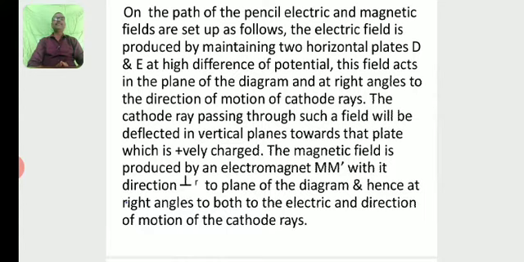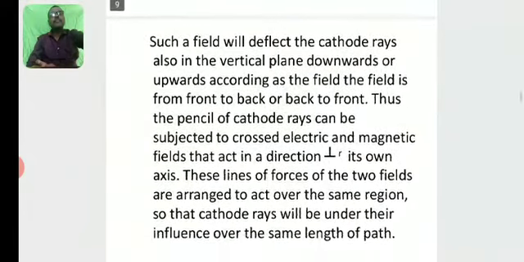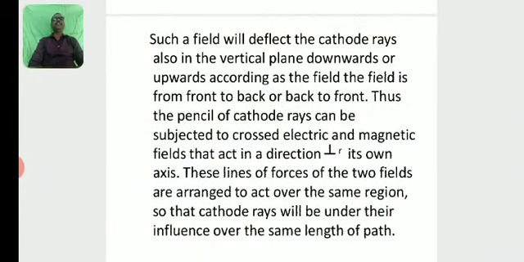The magnetic field is produced by an electromagnet MM' with a direction perpendicular to the plane of the diagram, and hence at right angles to both the electric field and the direction of motion of the cathode rays, that means the electron beam. Such a field will deflect the cathode rays also in the vertical plane, downwards or upwards, according as the field is from front to back or back to front.